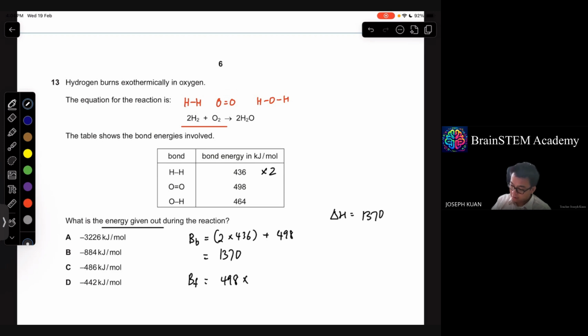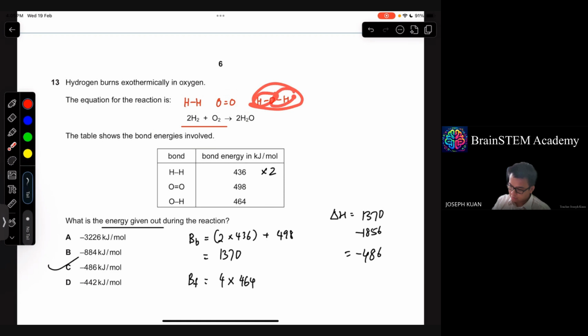Sorry. No. It will form 4 OH bonds, sorry. 4 times 464. That will give you 1856. So minus 1856, that should give you negative 486 kilojoule per mole. Right, there's 4 OH bonds here in 2 water molecules.